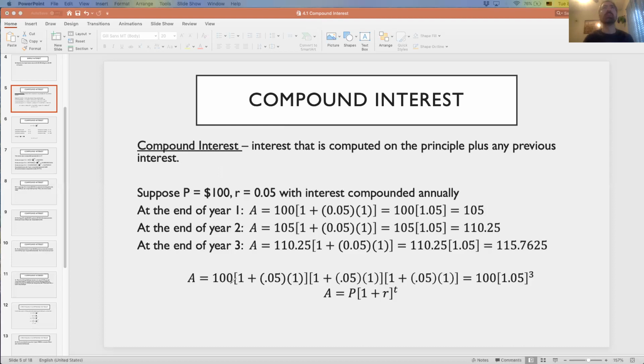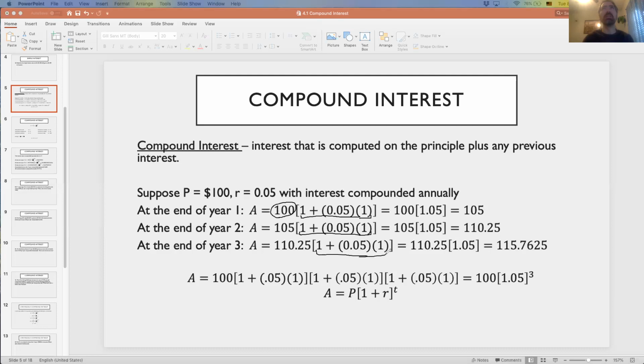All right, so we can summarize this over that 3-year period. All we're doing is multiplying this 100, the original principal, times 1 plus 0.05 times 1, 3 times, really. Because we multiply this, we get 105. Then we carry that 105 over to the next formula, multiply by 1 plus 0.05 again, and again.